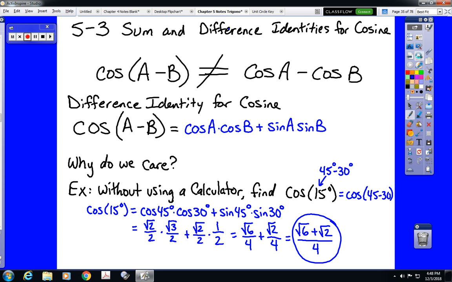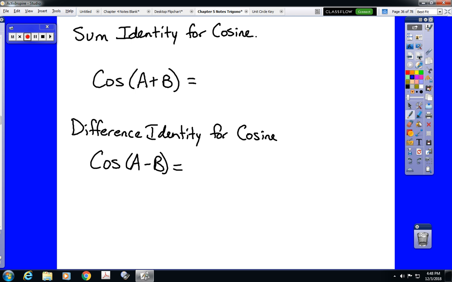There are actually two of these, one for the sum of two angles and one for the difference of two angles. So the sum identity for cosine is cosine A times cosine B minus sine A times sine B. The difference identity has almost exactly the same pattern.